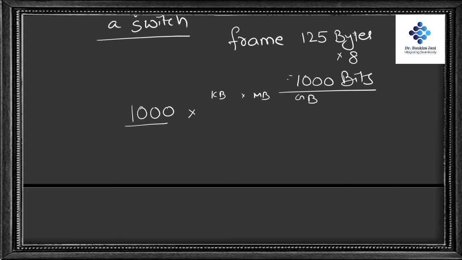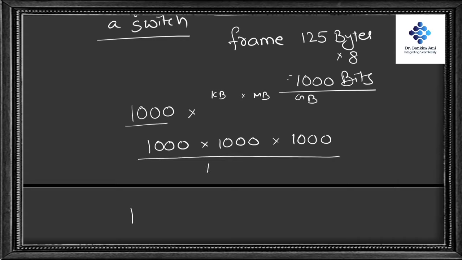So this is 1000 into 1000 into 1000. So this is like when we have got 1 frame per second, and then we divide it by the size of each frame, say, 1000 bits. This is 1 Gbps.